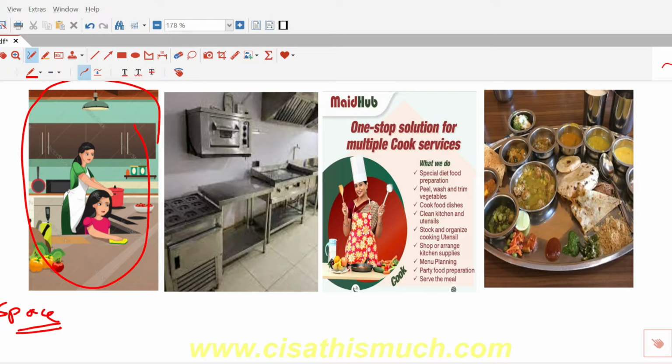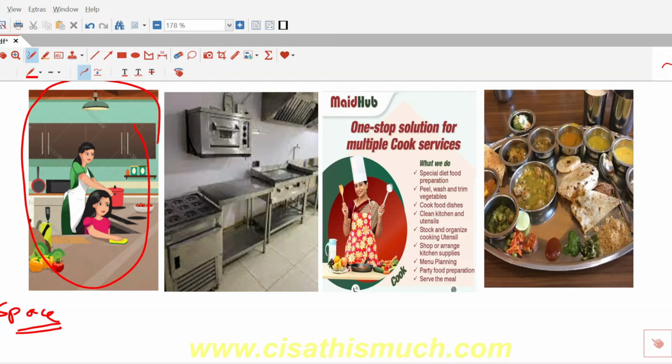Who is the chef over here? Our dear mother, right? So she is preparing food for the entire family. In this case, each and everything is the responsibility of whom? Responsibility of the family, right?